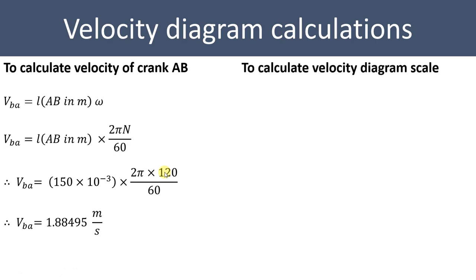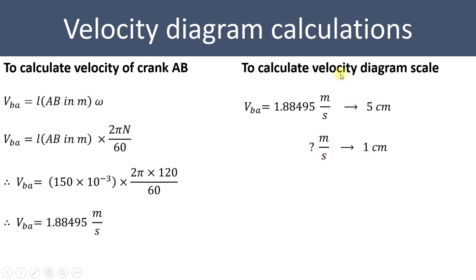Now we have to calculate the velocity diagram scale. If you remember, we have represented this by 5 centimeter while drawing the velocity diagram. Our first vector was 5 centimeter. So we can say that the actual velocity is 1.88495 meter per second, and on our drawing sheet we have represented that value by 5 centimeter. Then on our drawing sheet or sketchbook, 1 centimeter will represent how many meter per second?